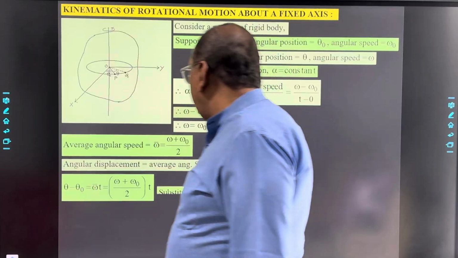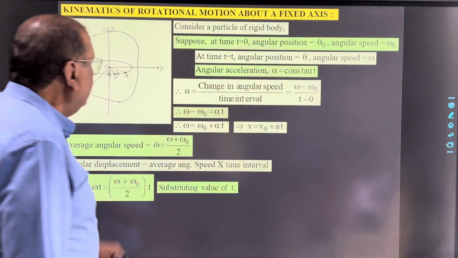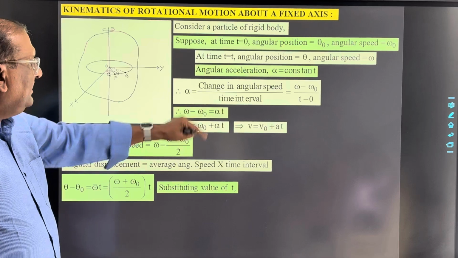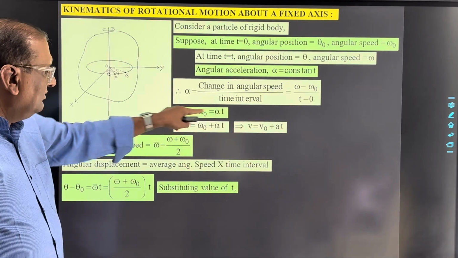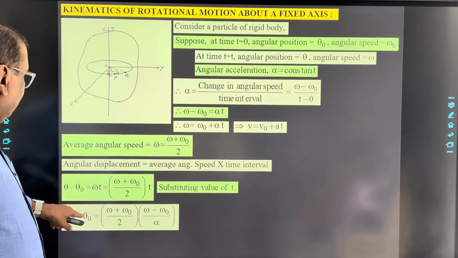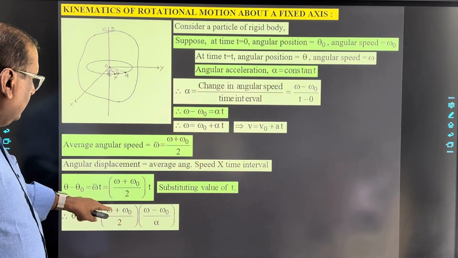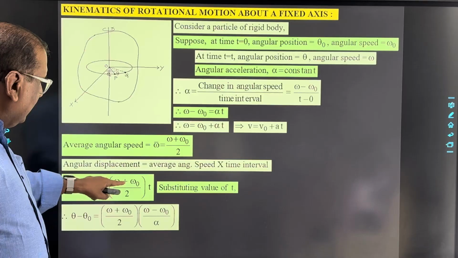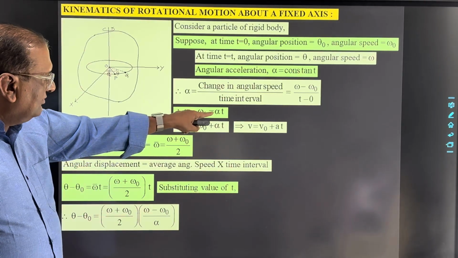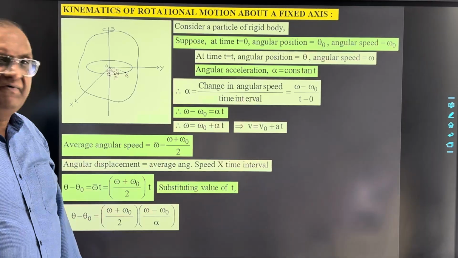Now substitute the value of t from this equation, t equal to omega minus omega 0 upon alpha. So theta minus theta 0 equals omega plus omega 0 by 2, and t is replaced by omega minus omega 0 upon alpha.